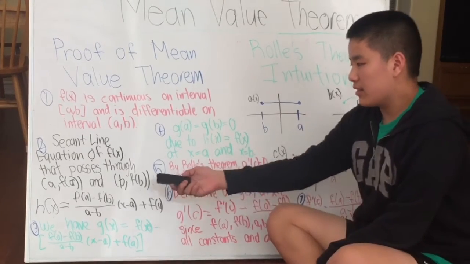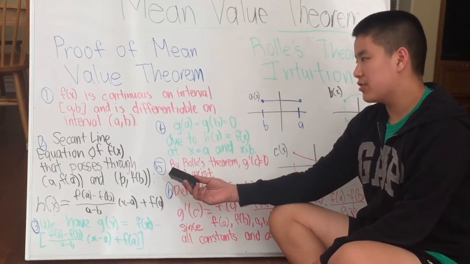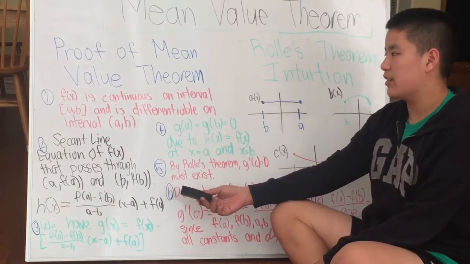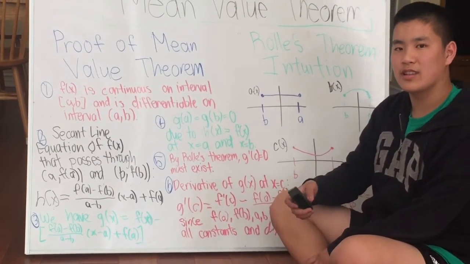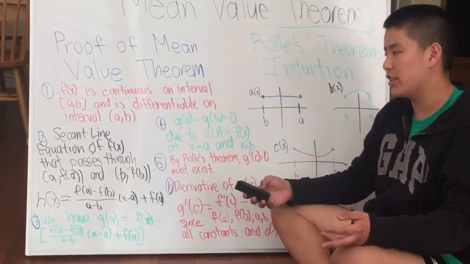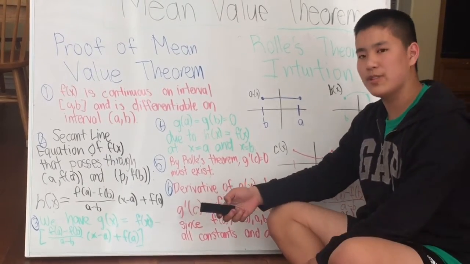So we know that the secant line would be differentiable and continuous on the interval a to b, since a straight line is a polynomial, therefore it must be continuous and differentiable.